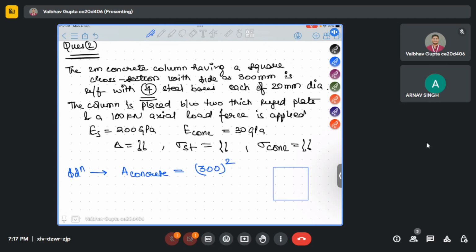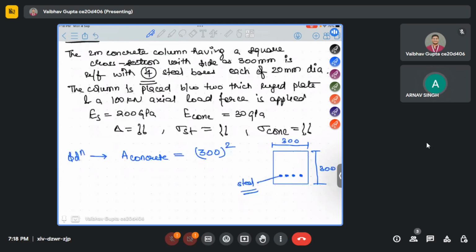This is concrete, square, this is 300, this is 300. And 4 steel bars are there inside the concrete. So the area won't be 300 square, because steel is also there. We have to minus the area of steel. You are getting my point?